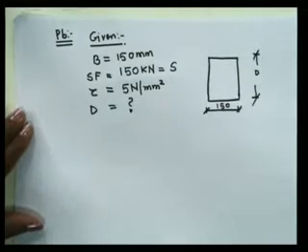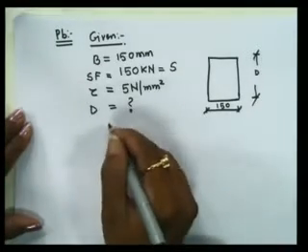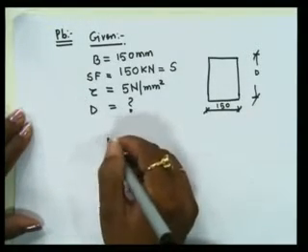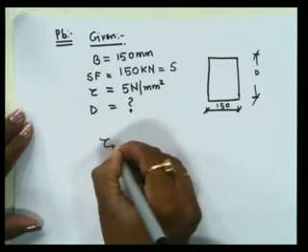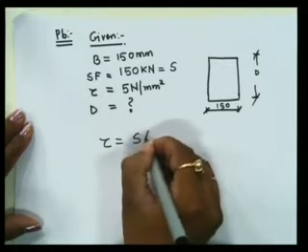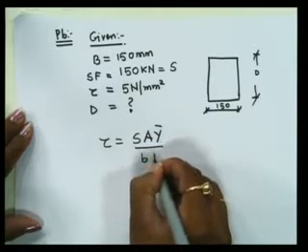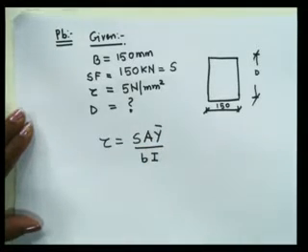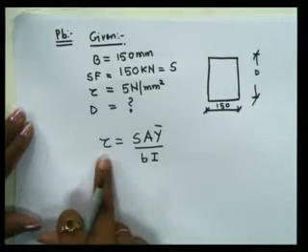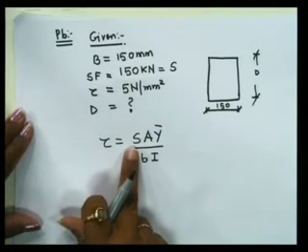So what is our formula? Everybody should now be able to remember, because it is very simple. Tau is equal to S A y bar by I B. Now they have given you the value of tau and the value of shear force.